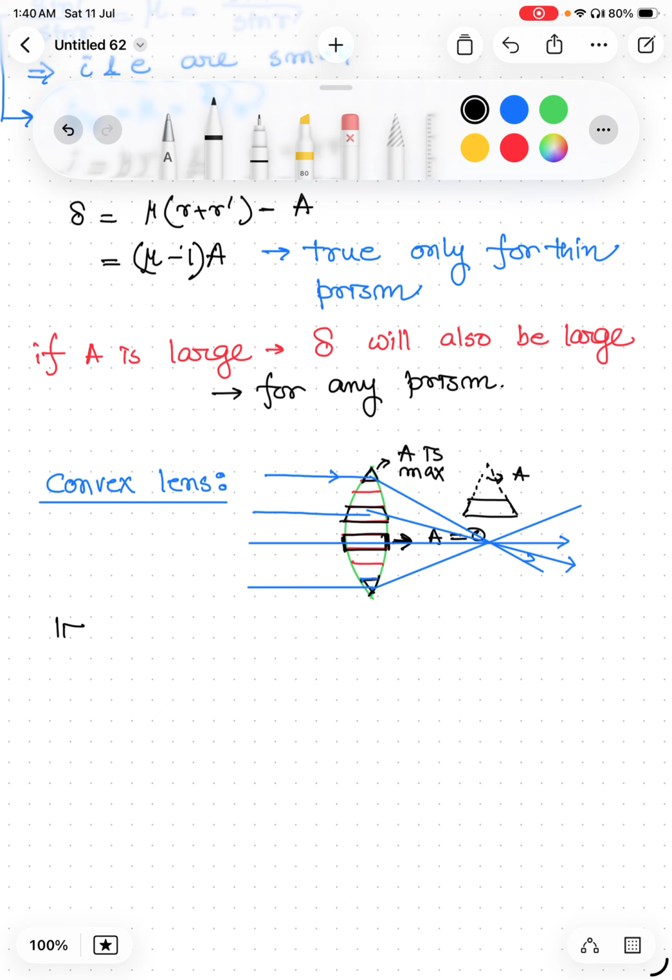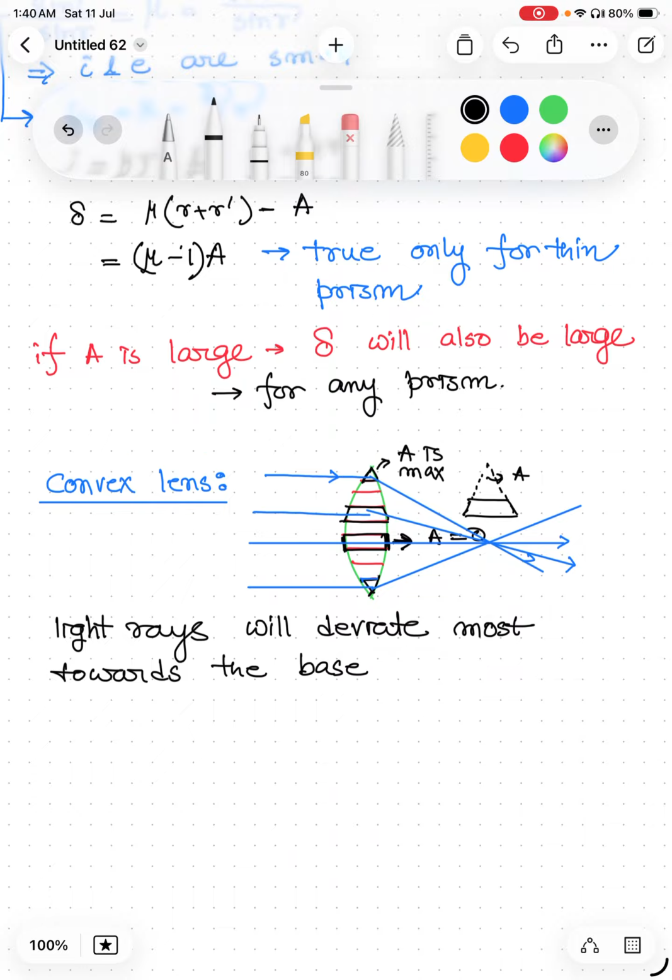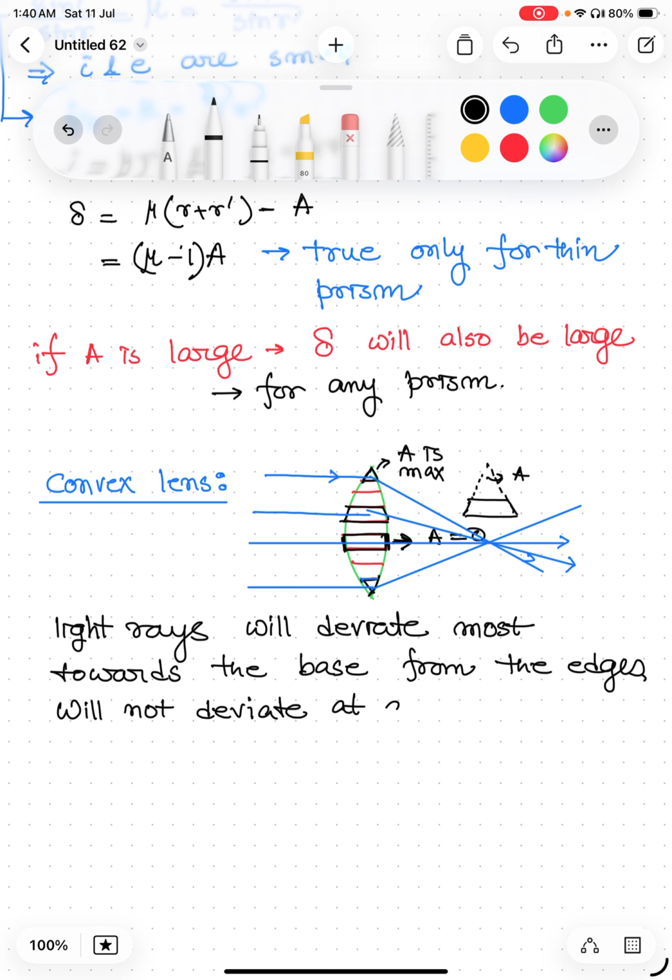So light rays will deviate most towards the base from the edges, and will not deviate at all when passing through the middle.